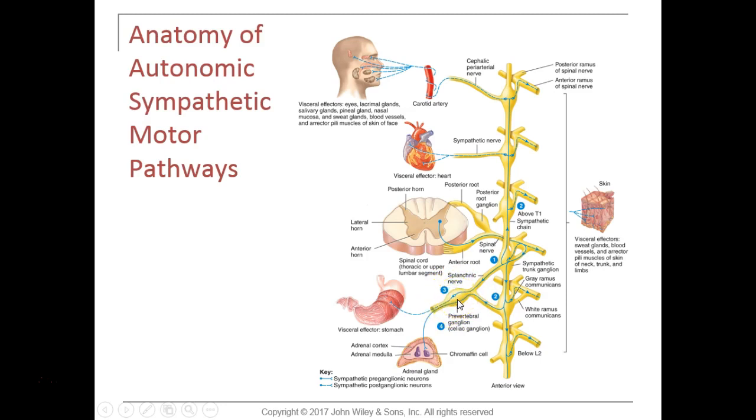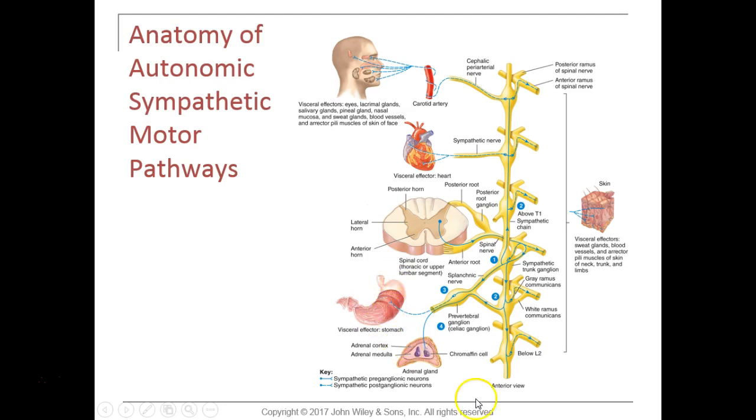That is either referred to as a celiac, the superior mesenteric, or the inferior mesenteric ganglion. The example they're showing on the picture for demonstration purposes is the celiac ganglion. And there we have a synapse of the preganglionic neuron with a postganglionic neuron that then goes out to its effector, in this case smooth muscle around the stomach.